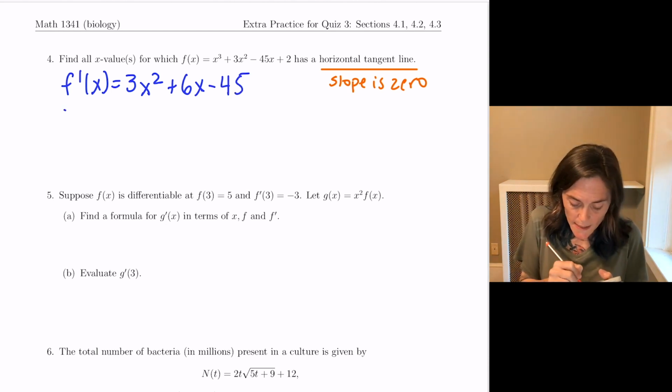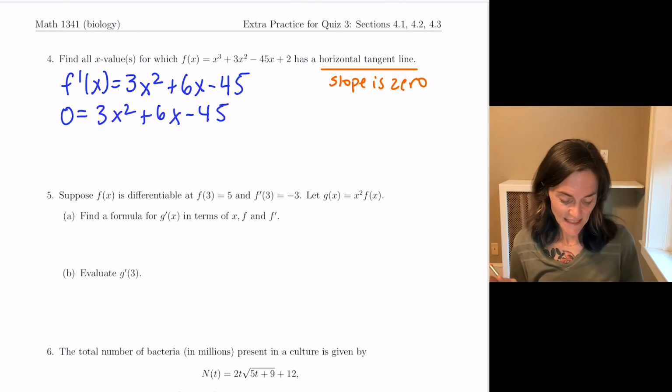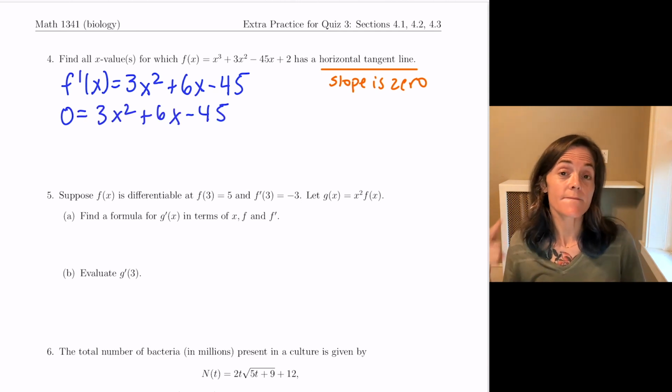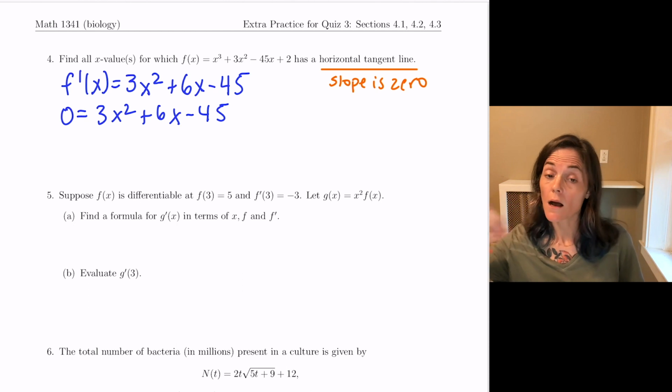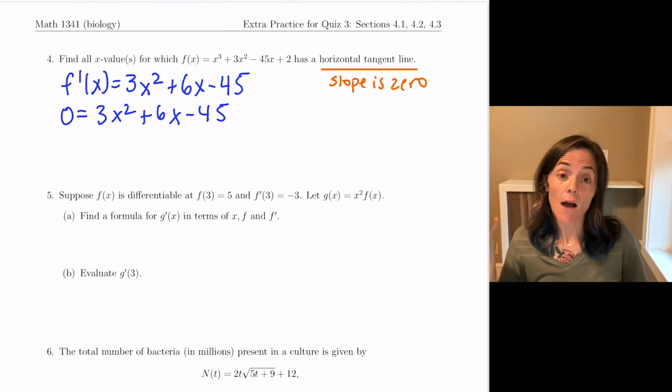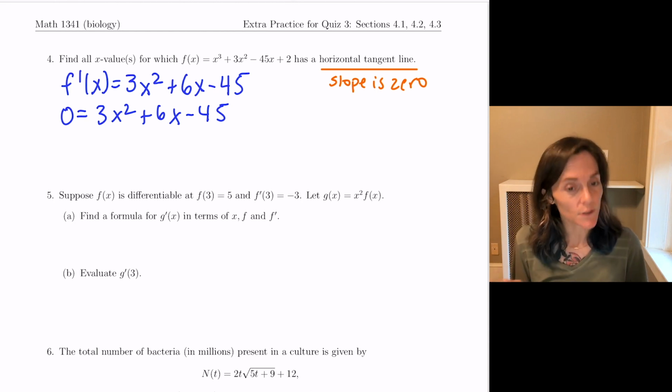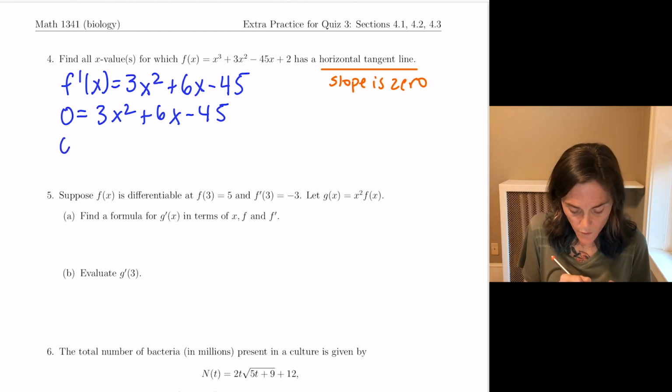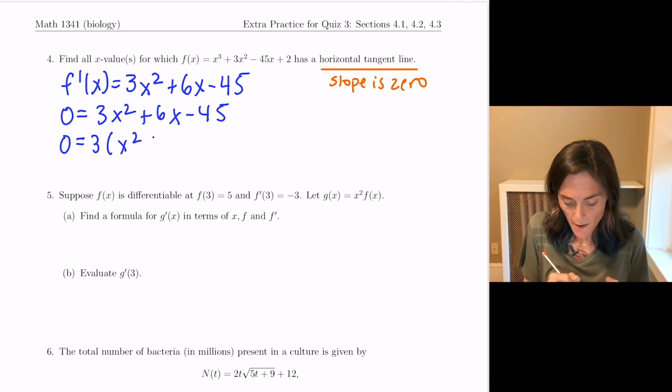We can set this equal to 0. Generally, if we want to factor something and there's something common to every single term, it can be easiest to factor that out first. So here, every single term is a multiple of 3. Let's factor out a 3. I'm left with x squared plus 2x minus 15.